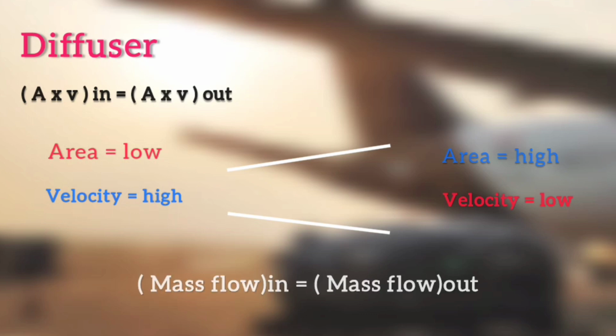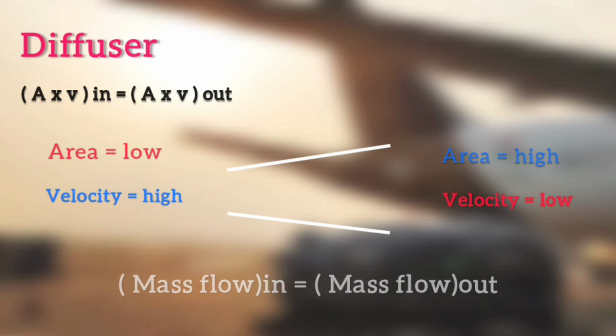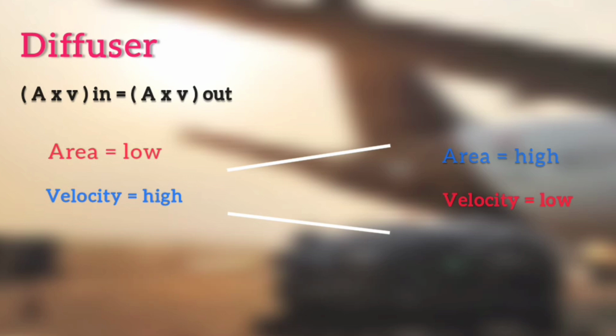Only in this case the mass flow rate remains the same. So this is the principle behind the working of the diffuser. Since the velocity is high at the inlet, the pressure will be low according to Bernoulli's theorem, and the pressure will be higher at the outlet of the diffuser.